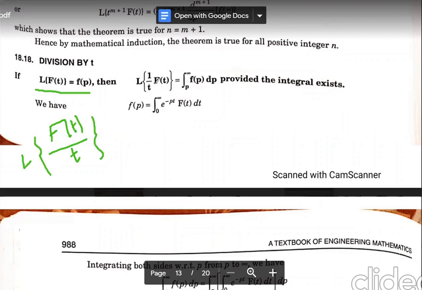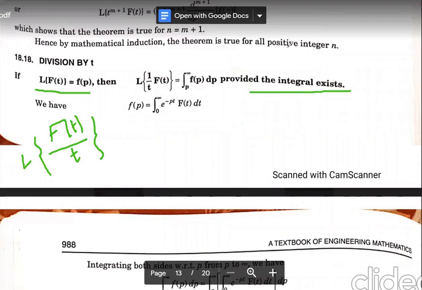This is equal to the integration from p to infinity of F of p dp, provided the integral exists. If the integral does not exist, then you won't be able to find out the Laplace transform.